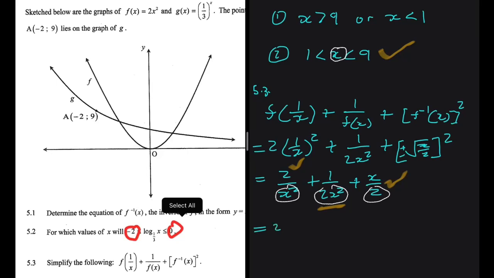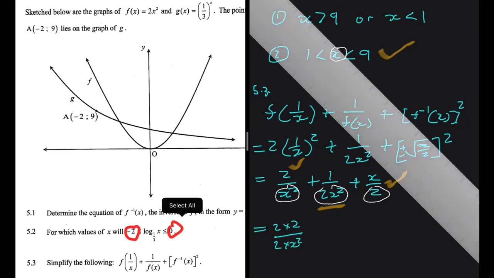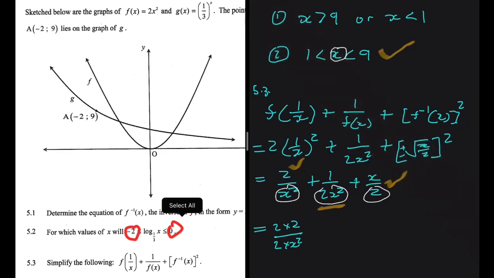So we can say 2 multiplied by 2 divided by 2 multiplied by x squared, and just like that we have a denominator of 2x squared. And then the term in the middle, there's no issues whatsoever, so we just have 1 divided by 2x squared. Then the third term, to give it a denominator of 2x squared, we multiply everything by x squared, right? So we're going to have x squared multiplied by x, and then divided by 2 multiplied by x squared, right?